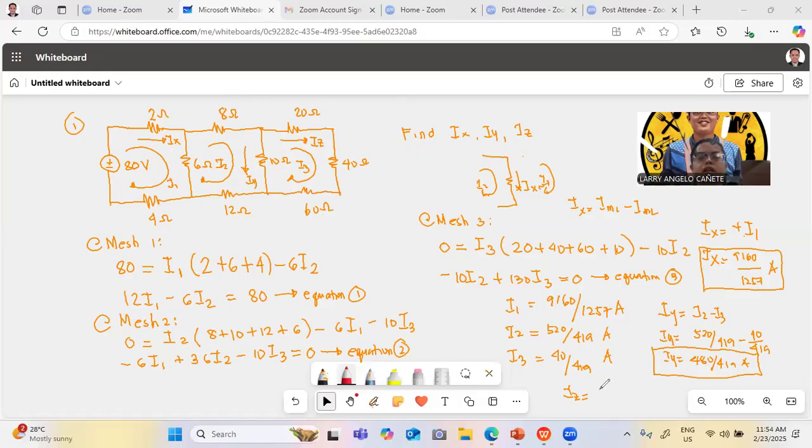Since the 20 ohms is in mesh 3, the IZ is equal to your I3. So finally, your IZ is just equal to I3, that is 40 over 419 ampere. Okay? So this is the final answer.